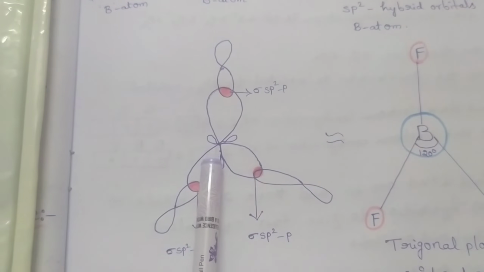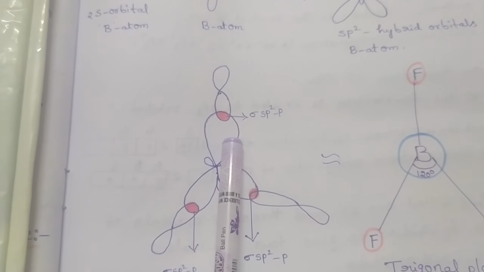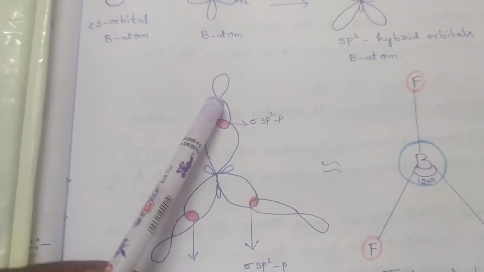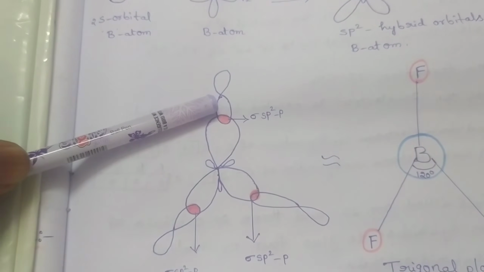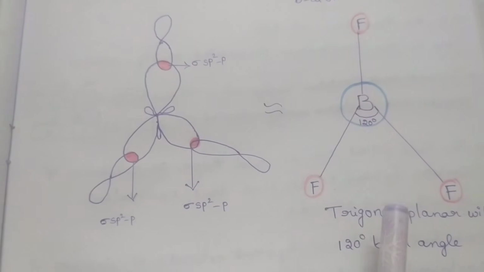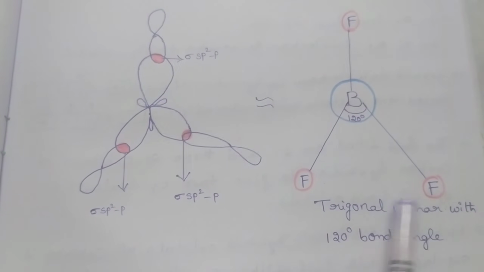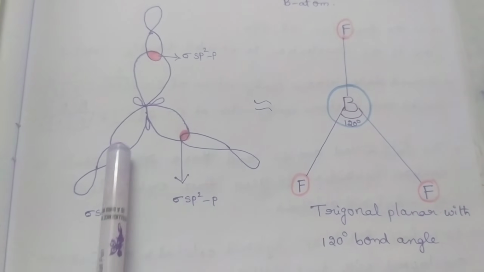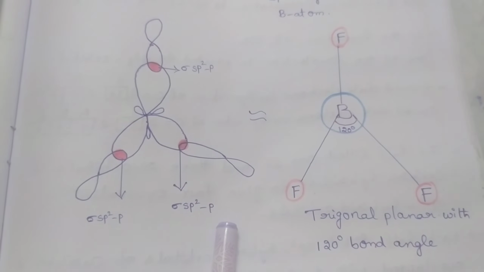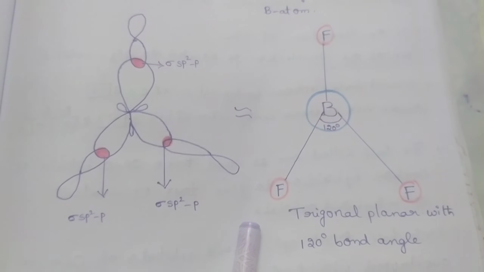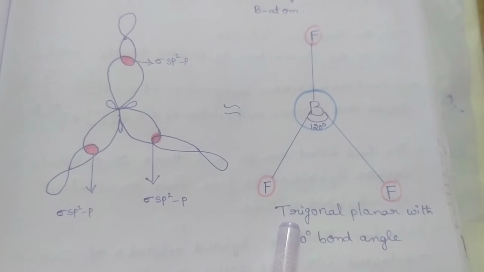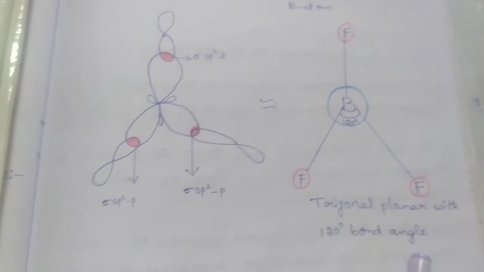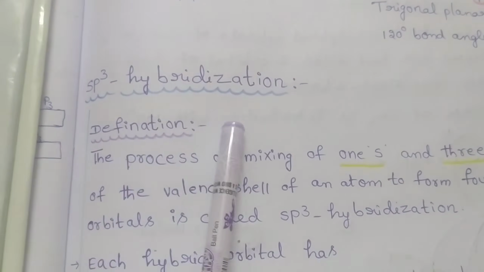Now, these three sp2 hybrid orbitals are overlapped with three fluorine atoms containing half-filled pz orbitals and form the boron trifluoride molecule. Here there are sigma sp2-p bonds. Three sigma sp2-p bonds are formed in boron trifluoride molecule, which has a trigonal planar shape with bond angle 120 degrees. Now we discuss sp3 hybridization.